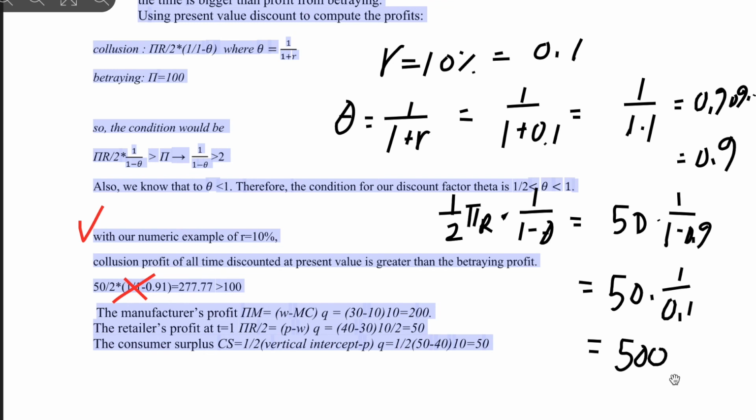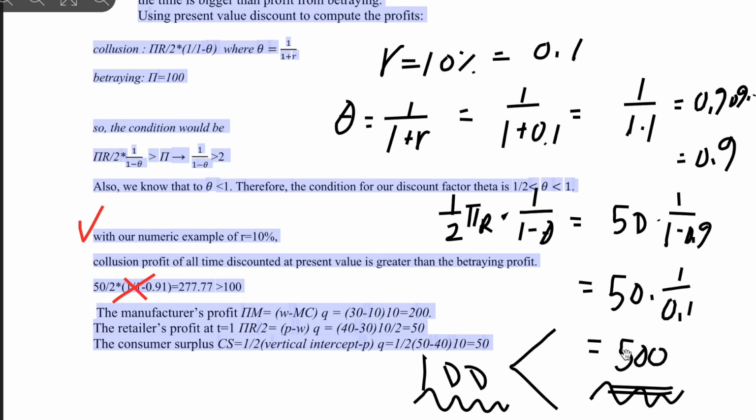We are comparing this 500 to the 100 of the one-time deviation monopolizing profit. So we see the greater value for the colluding, and we can get the manufacturer's profit, retailer's profit, and the consumer surplus.